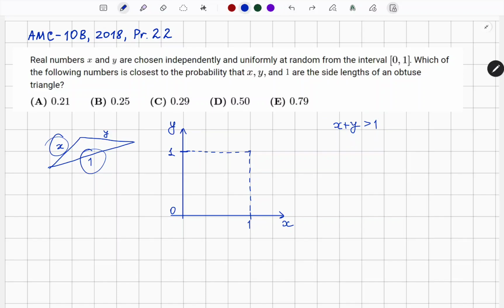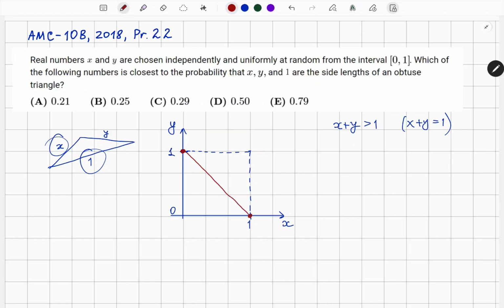So I have to put this inequality inside the square. I have to shade the points that satisfy this inequality. First I start with x plus y equal to 1. In order to draw a straight line, I just put 2 points on the xy plane. If x is 0, then y is 1. So it's this red point. If y is 0, then x is 1. It's this point.